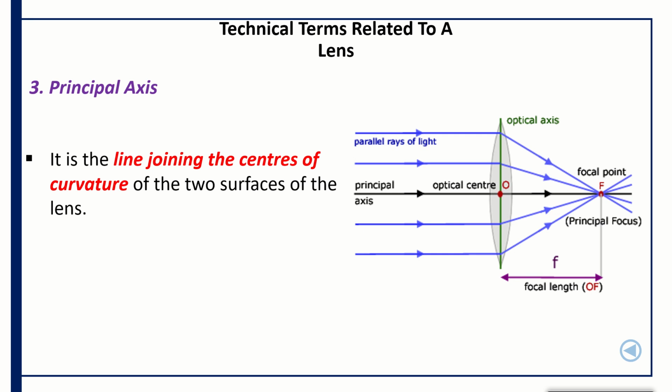So if there are two surfaces of the lens, and I have a center of curvature for this surface and a center of curvature for this surface, and I make a line pass through both centers of curvature, then that joining line is known as the principal axis. That imaginary line is known as the principal axis.